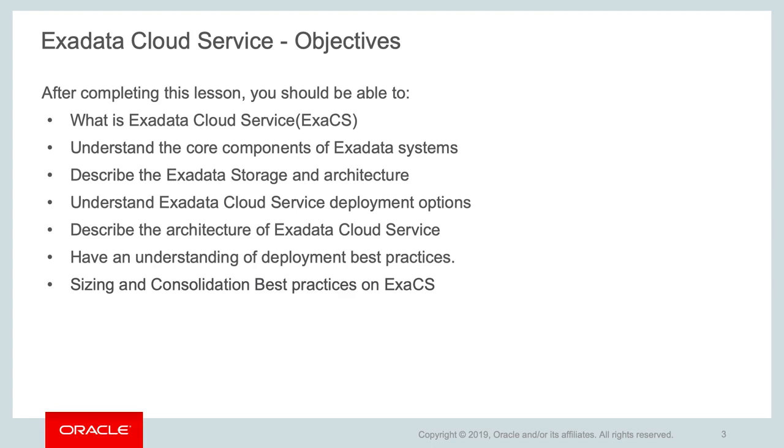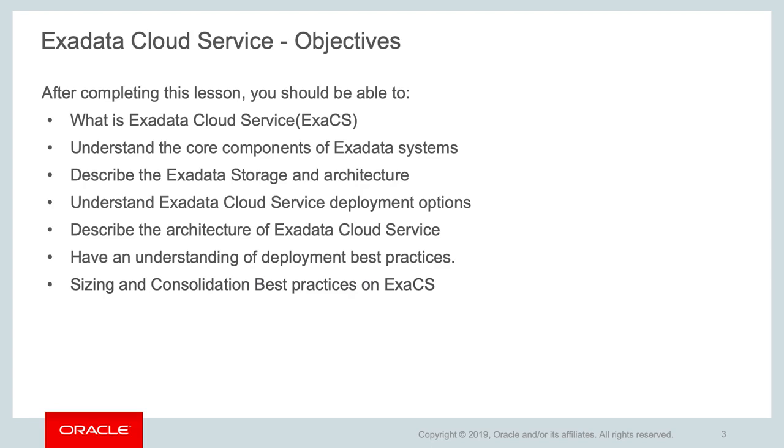You should be able to explain various components of the Exadata engineered system. I am going to briefly cover Exadata basics as well. I will spend some time explaining for those who are new to the Exadata system. We will learn how Exadata Cloud Service is architected on OCI.